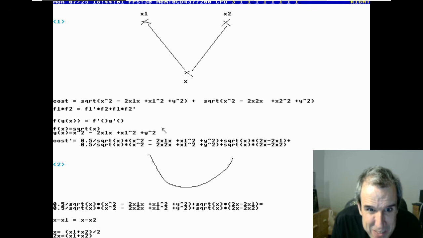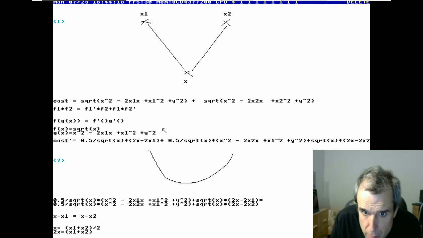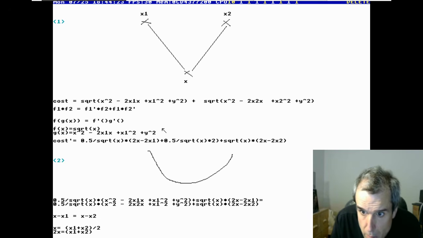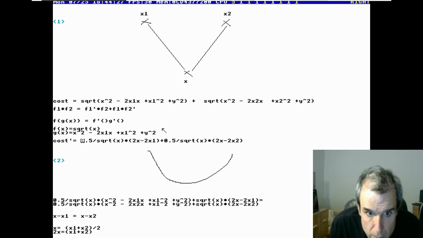Okay, square root. So cost is, take the derivative. Okay, well that's a lot. I like that a lot. If failure is not an option, we will get this done.